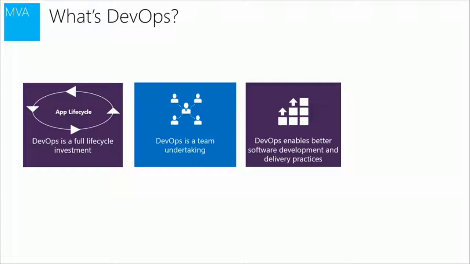The third component to have a look at is to understand that DevOps enables better software development and delivery practices. So from a software development perspective, if I have true DevOps running within my enterprise, I have interaction, I have continuous loops, continuous feedback into the cycle of the application.